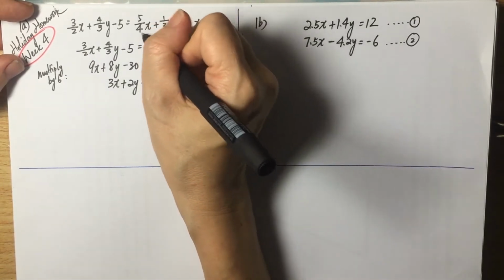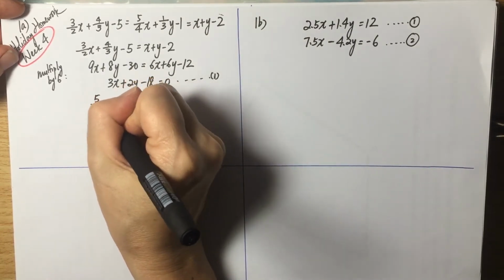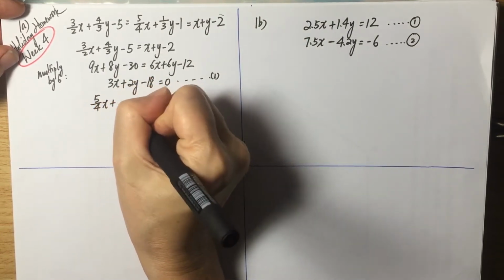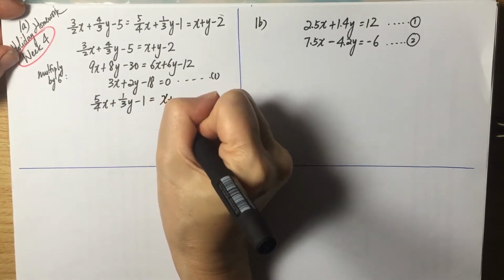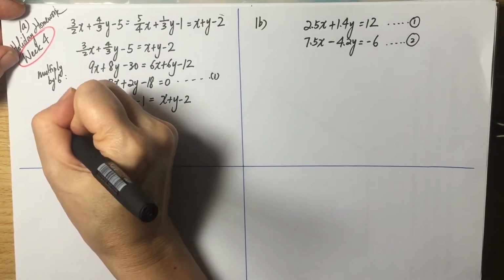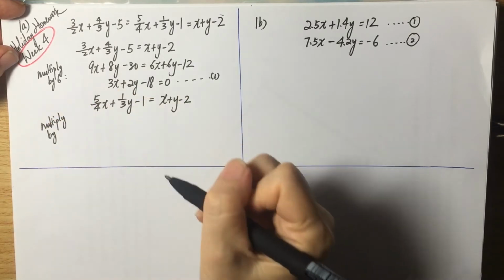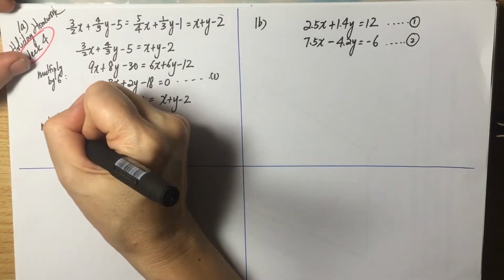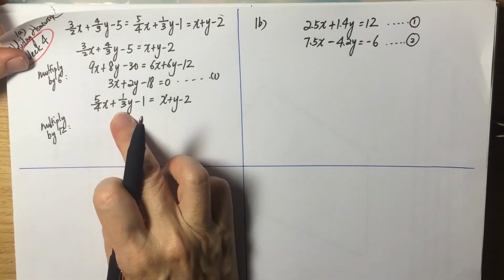Next, I'm going to use the second part equate to the third part. So I have 5 over 4x plus 1/3 y minus 1 equals to x plus y minus 2. Now I'm going to multiply the whole equation, both left and right hand side, by 12. Why 12? Because it is 4 and 3, the LCM is 12.